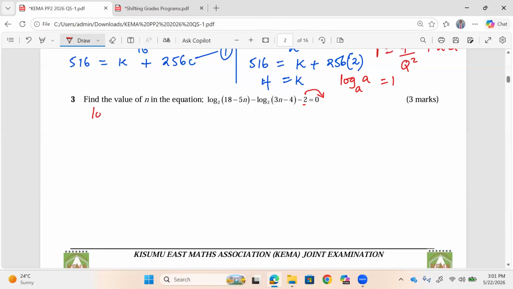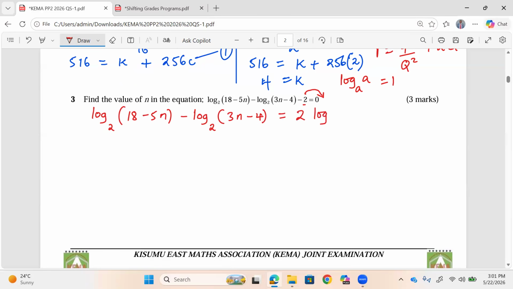So I'll be having the log to base 2 of 18 minus 5n, then I subtract the logarithm to base 2 of 3n minus 4. This is equal to 2, which is positive.